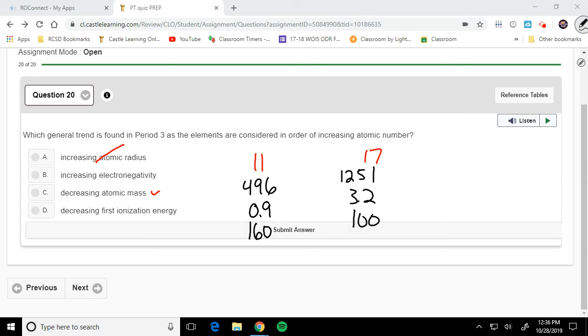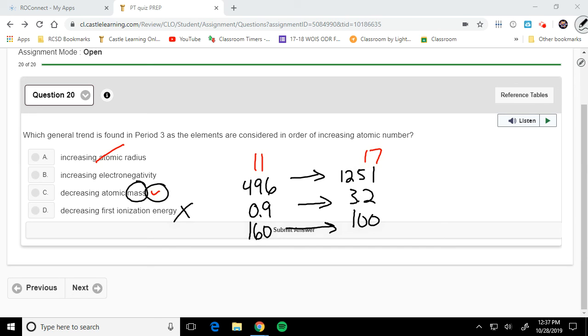Well, the atomic radius right here definitely decreases, so that could be a winner. Increasing electronegativity, that happens. Decreasing first ionization energy, that is definitely not happening. So, I'm sorry, I'm reading this wrong. See, it says decrease.